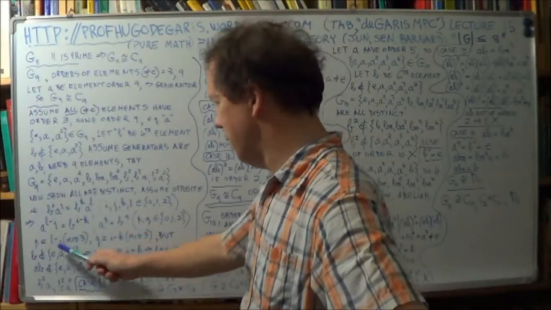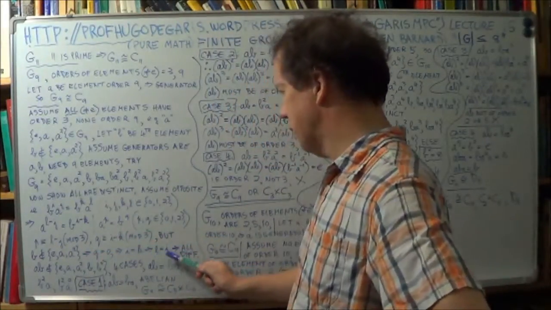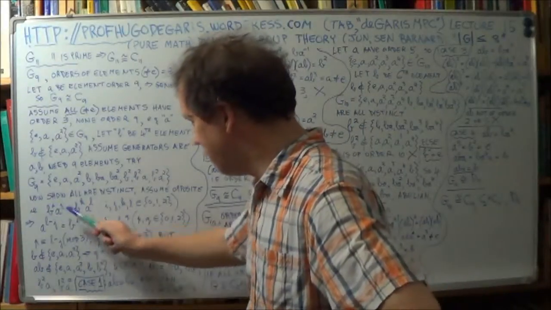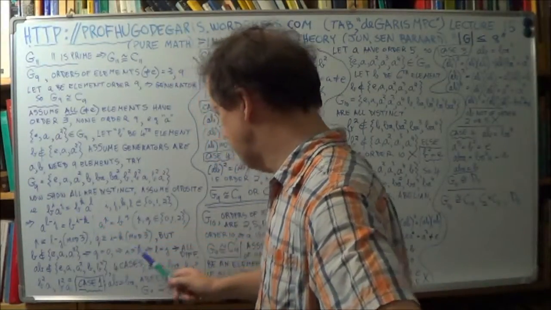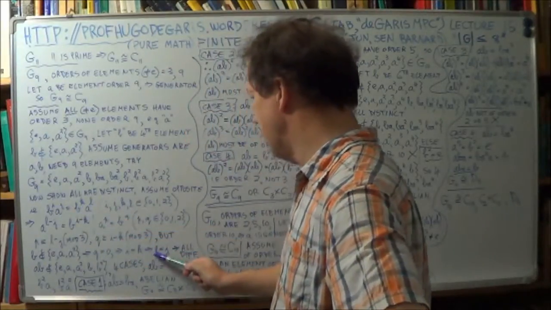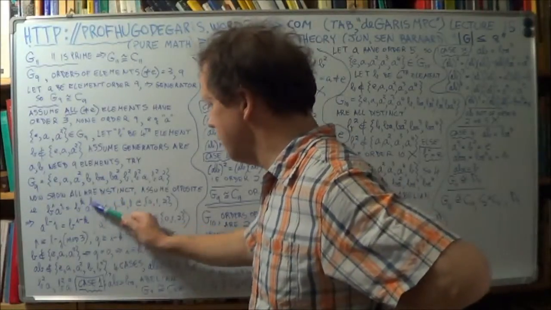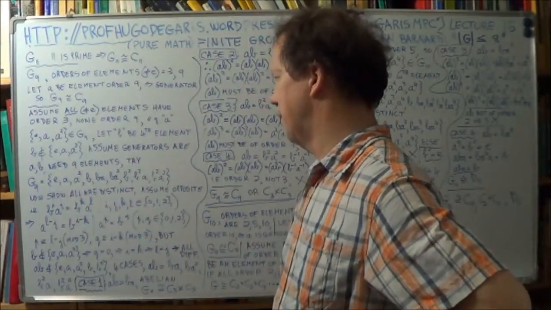And if P is 0, L equals J. So I equals K, L equals J. In other words, this and this are the same.